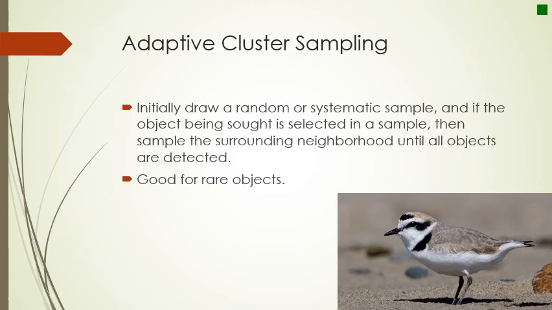So if we're talking about snowy plovers, which tend to nest in colonies and are sparsely distributed across the landscape, then rather than going to a randomly selected number of sites where 95% of the time you're going to get a 0, you focus on those sites where you detect the species and then sample adjacent grid cells around that, knowing that you're likely to get positive values in those adjacent cells.